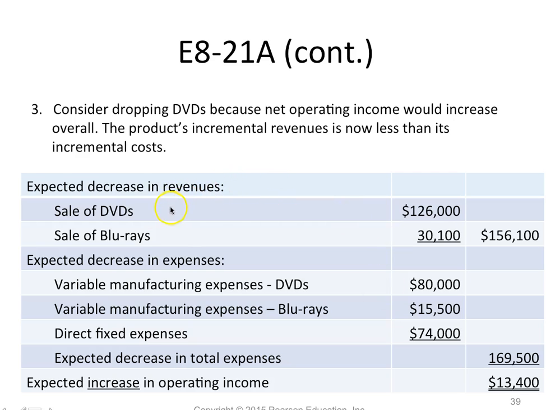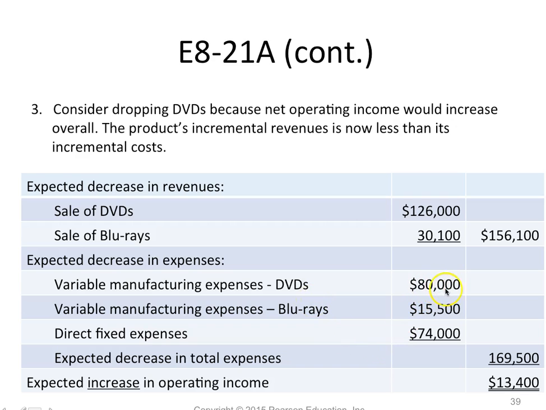You're going to drop the DVD, so we're going to expect a decrease in our sales for the DVD, and also a decrease of 10% of the total sales of our Blu-ray, and so our total decrease in the sales will be 156. Then we're going to decrease our costs.